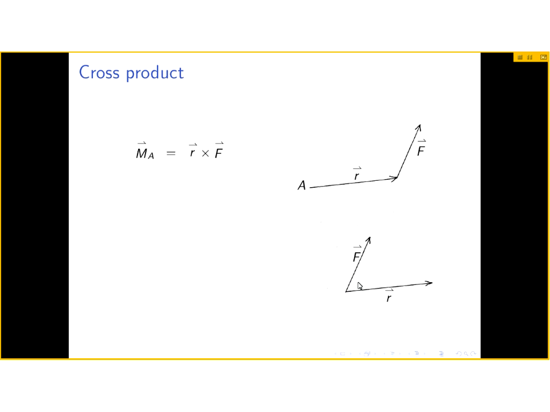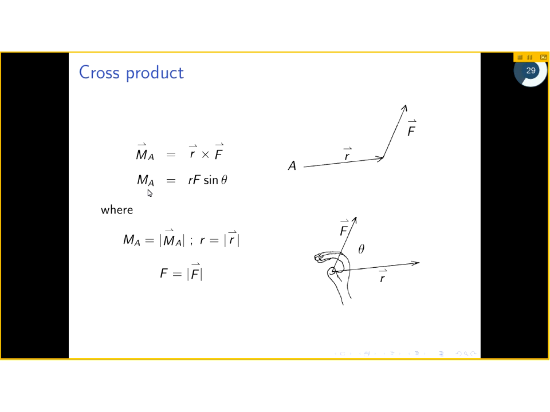Then, after we've done this, we can say that the magnitude of the moment of the force F about point A can be calculated with this equation, namely the magnitude of the position vector R multiplied by the magnitude of the force vector F multiplied by the sine of the angle theta, that is the angle between the two vectors when they are so translated that the origins coincide.